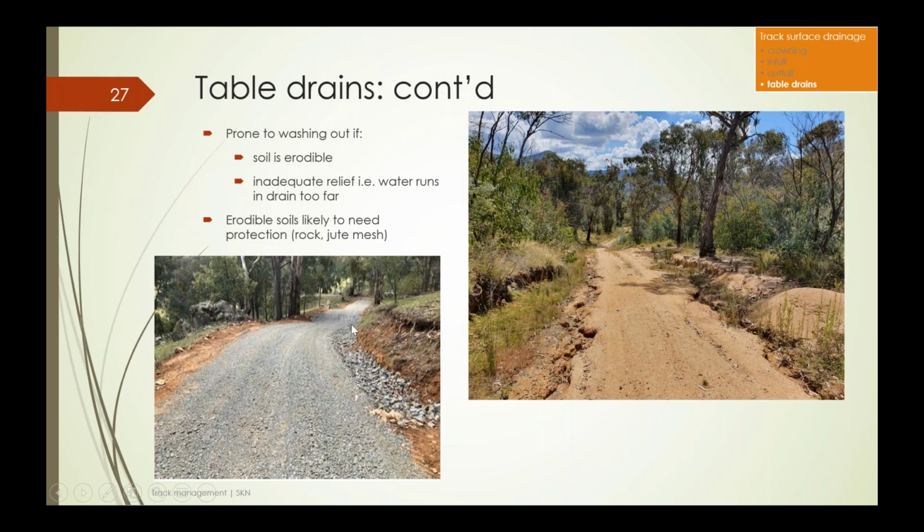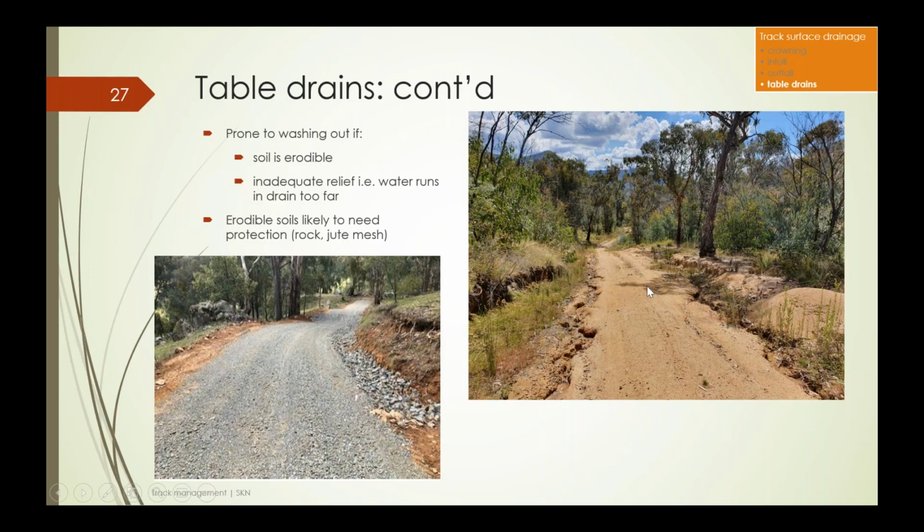So we've had to carry the water well down the table drain before it can be relieved. In doing that, it's scoured out. So we've used rock to reinforce the table drain and protect the surface.